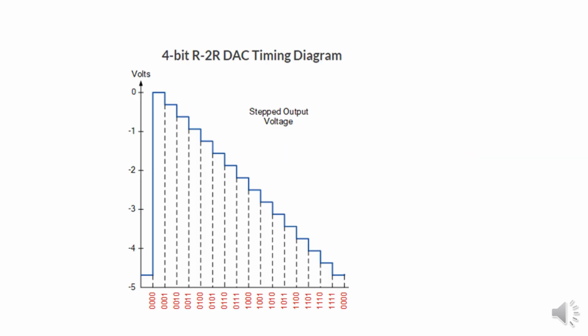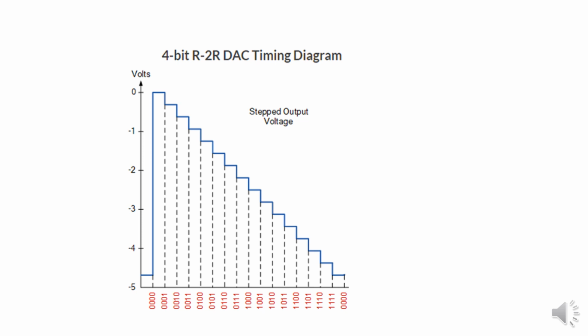Finally, we will plot the graph of binary bit sequence versus output voltage. For 0 0 0 you will get 0 volts. For 0 0 1 you will get 1 LSB value. For 0 1 0 you will get 2 LSB values.